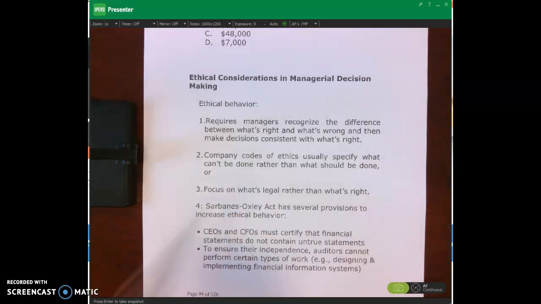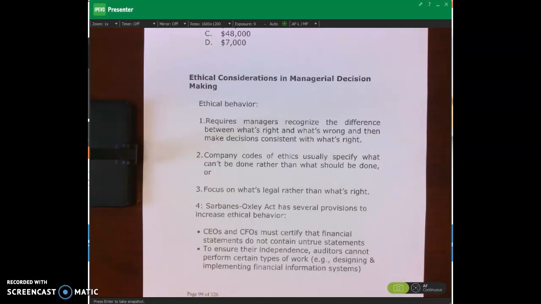So when I used to work in industry, we would actually have to do some ethics training online. And so we would have to watch some videos, and then at the end we would have to certify that we know, for example, we can't take bribes, or we can't do any kind of kickbacks to different customers. So these are all the things that we are not allowed to do.